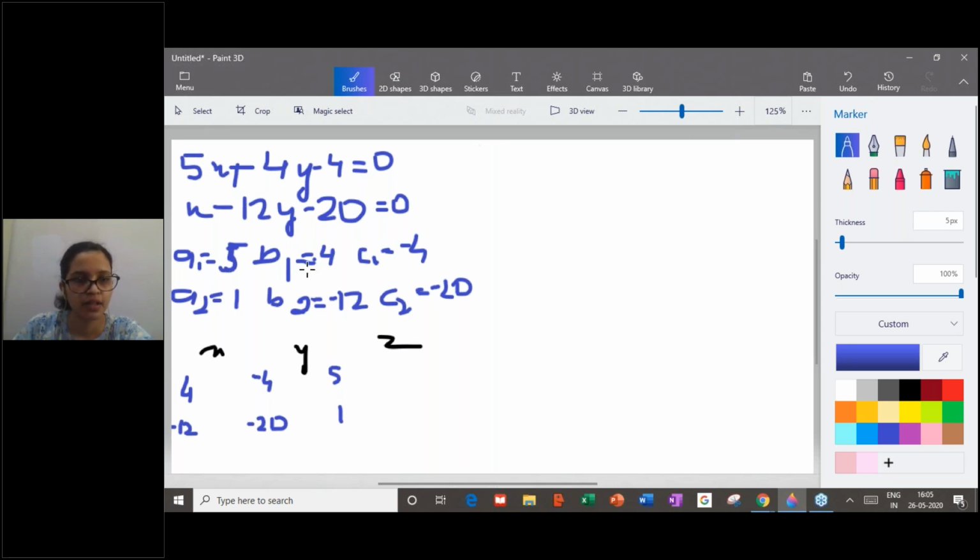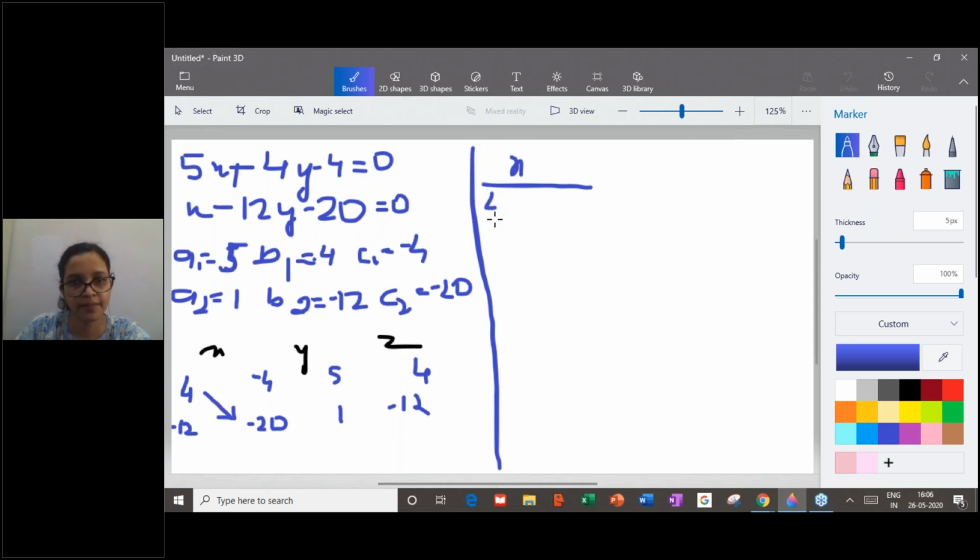Just helps. b1 is minus 4. Oh, I forgot. No, it's plus 4. Okay, my bad. Okay, 4 and minus 12. Right? So now we are going to write x by, we start multiplying. So it's 4 into minus 20.